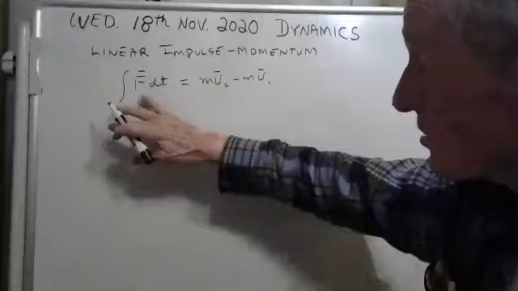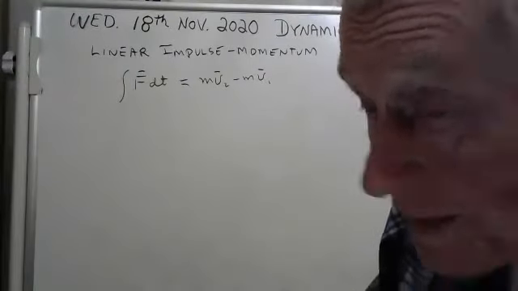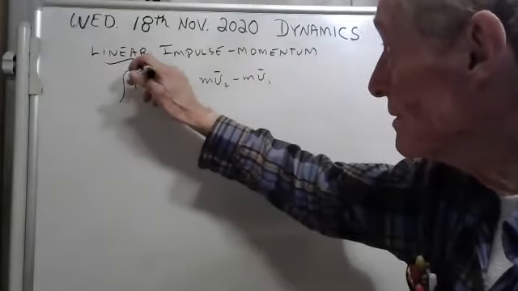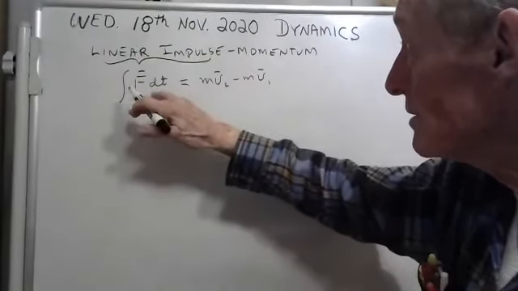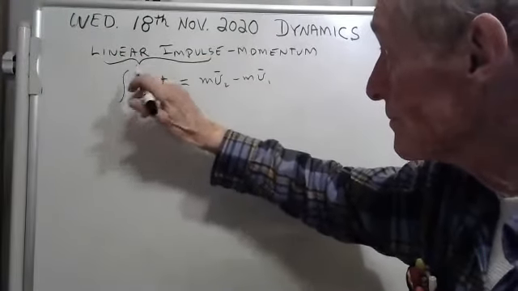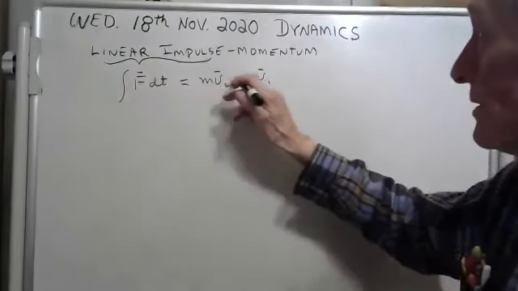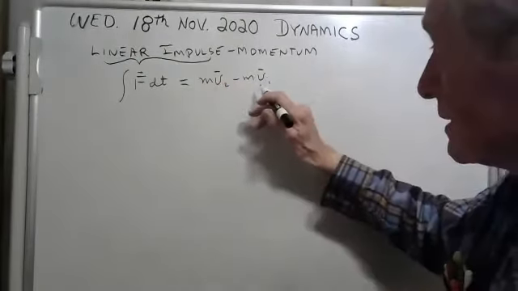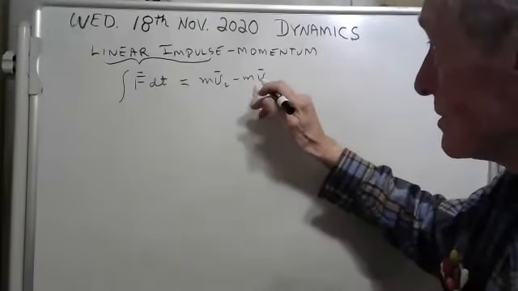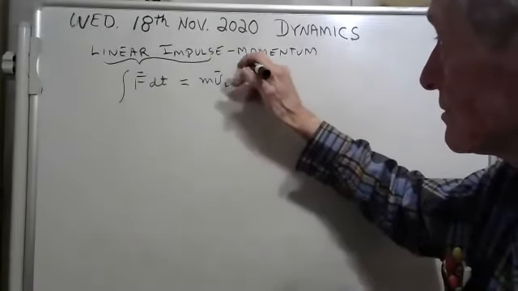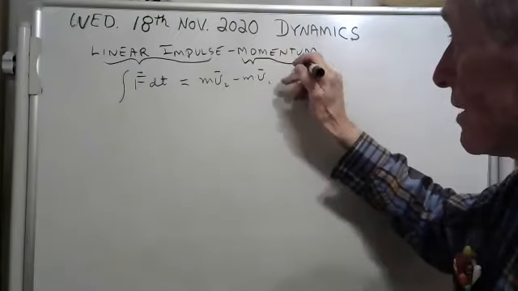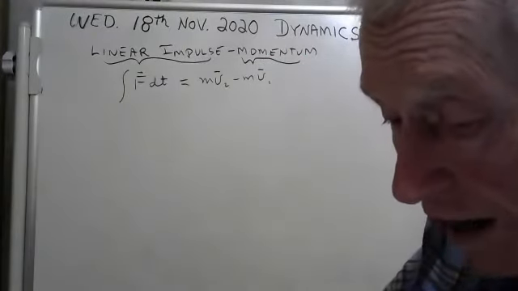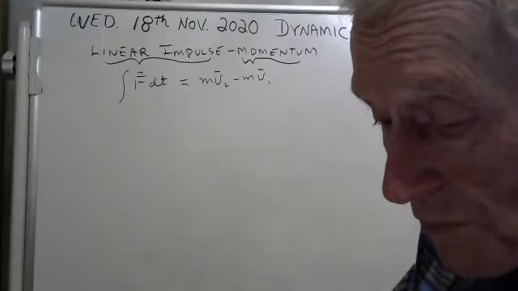And this term here is called linear impulse. That's the name of that term. And these here, that's called linear momentum. That's the final, and this is the initial. The plural of momentum is momenta. Those are momenta.